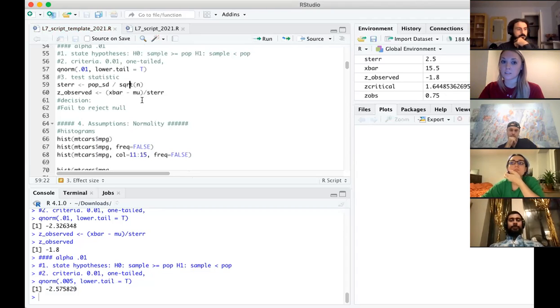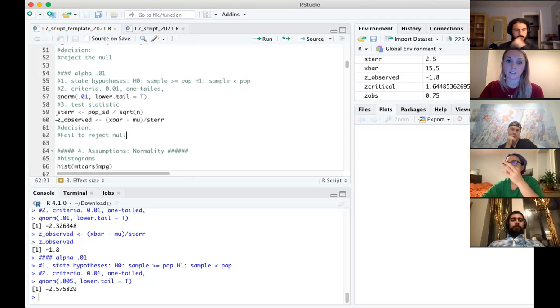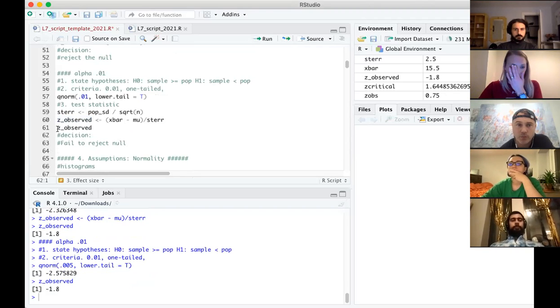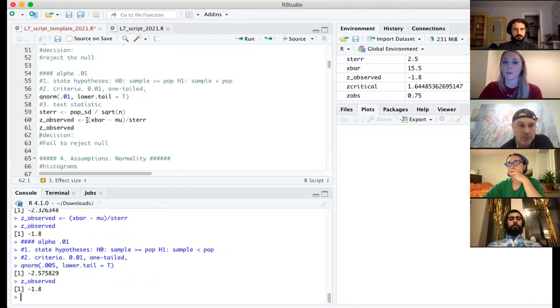For the first part, what did you get for the Z observed? Negative 1.8. I'm not getting that. Let me check. Do you have your parentheses in the correct spot? This is almost always the first error.